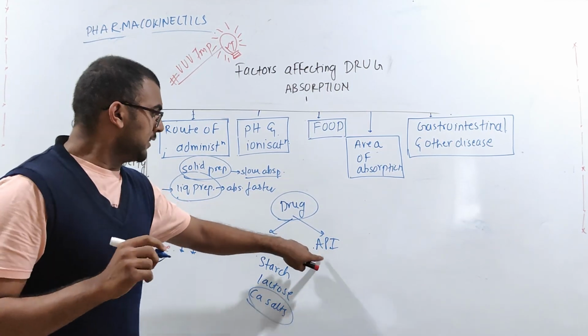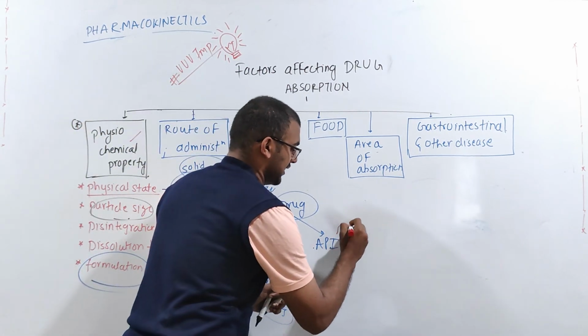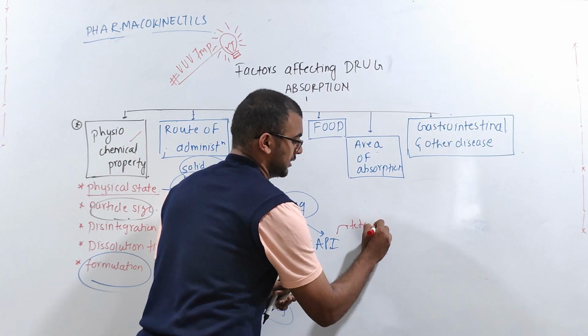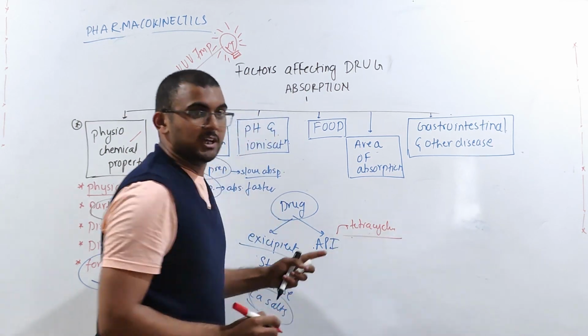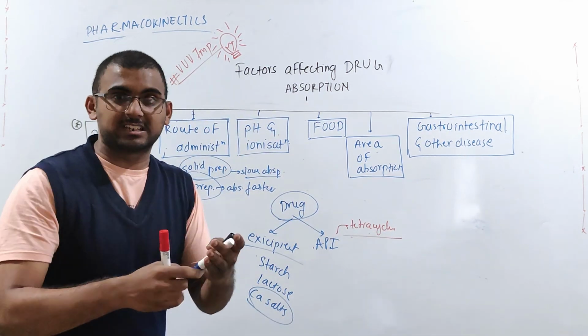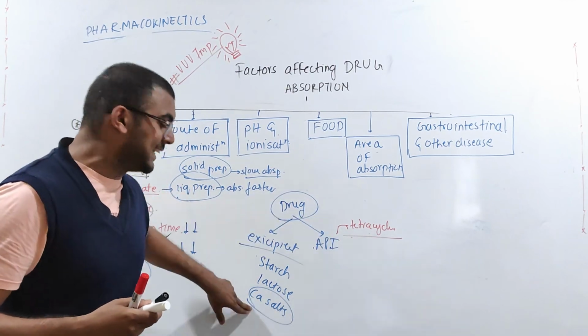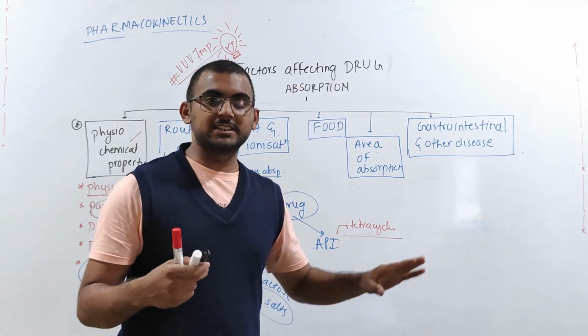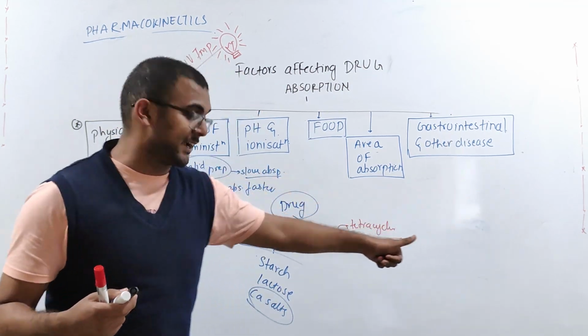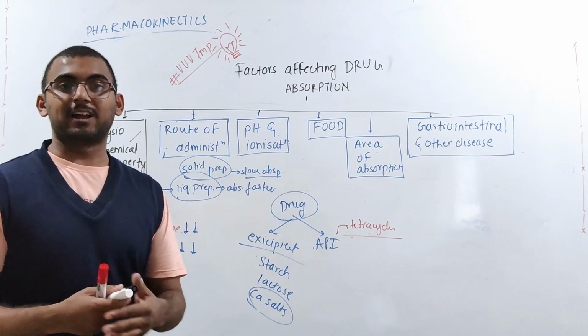If the API is tetracycline, and you are formulating in such a way that you use the binding agent as calcium salt in the tetracycline formulation, then what will happen?